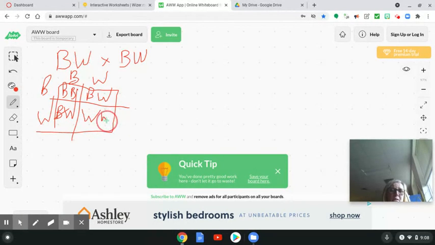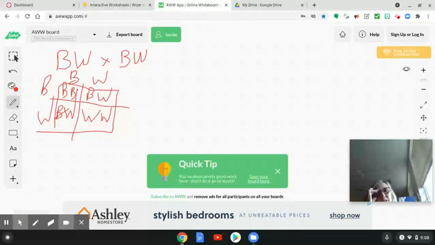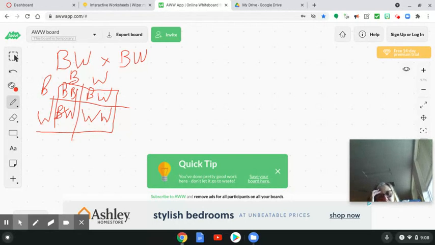Again, the phenotypic ratio is going to be one black, two gray, one white. The genotypic ratio is going to be one BB, one BW, one BW, which will give you two BW, and one WW.